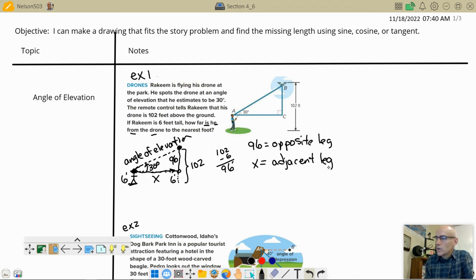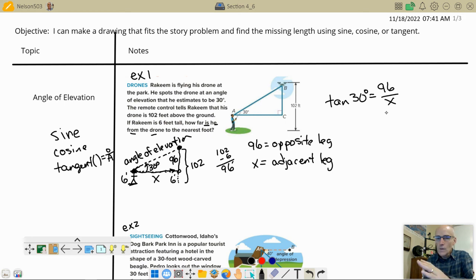So when I look at my rules on sine, cosine, tangent, those are the three that we want to practice. Tangent is the one that involves the opposite over the adjacent leg. Tangent of an angle is the opposite over the adjacent. So that's what we've got going on here, opposite over adjacent. So I'm going to do tangent of 30 degrees is equal to 96 all over x. These are the trickiest when x is in the denominator.